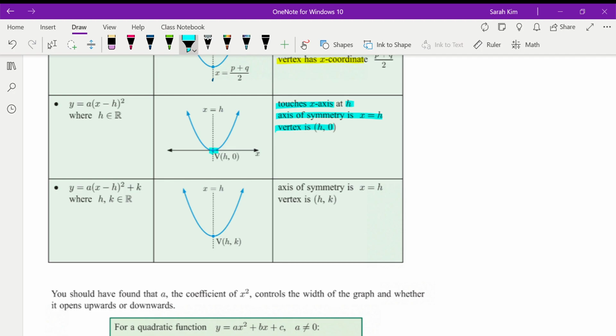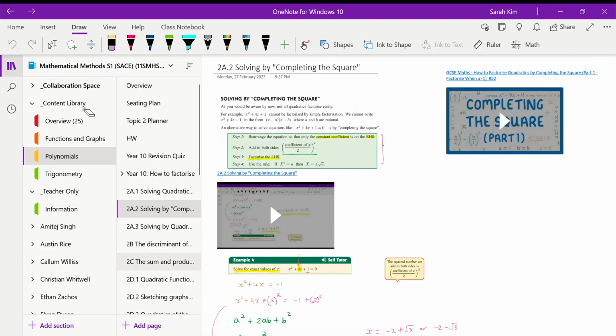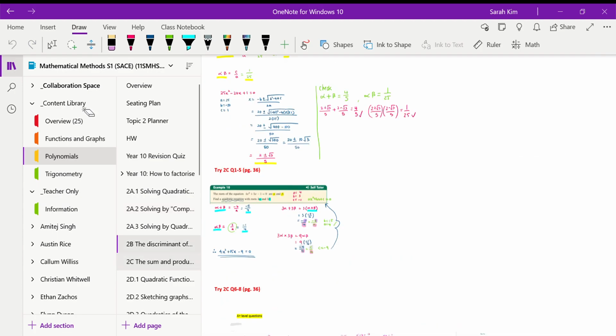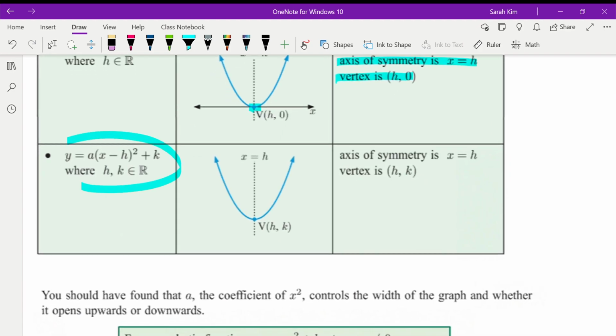So there we go. Now, this case is pretty similar to this format, but you can see that there's an additional plus k. This is from, what was it called, solving by completing the square. If you solve by completing the square, you should be able to rearrange it and get it back into this format.